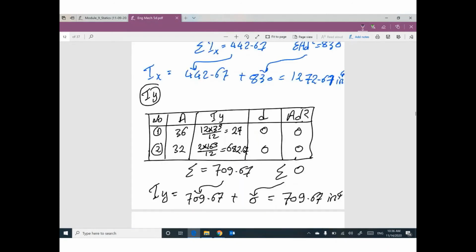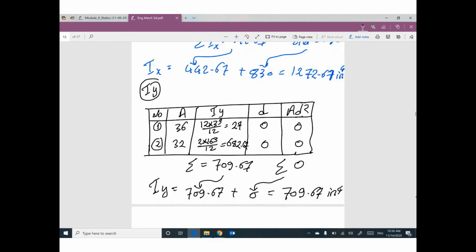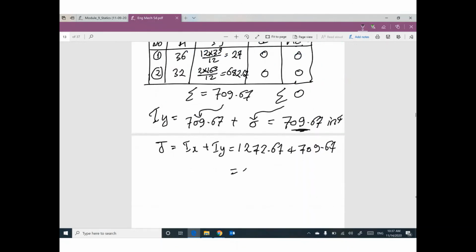So for this example, the polar moment of inertia, which you call J, equals Ix plus Iy, it will be 1272.67 plus 709.67.